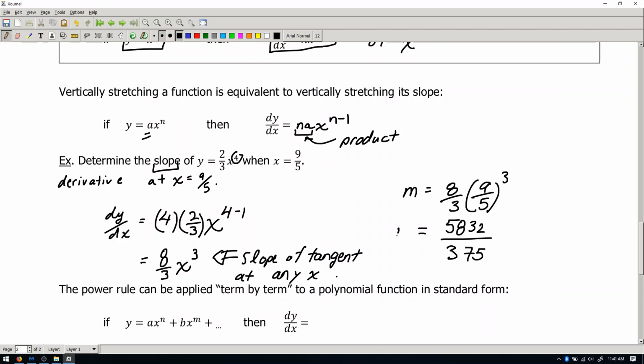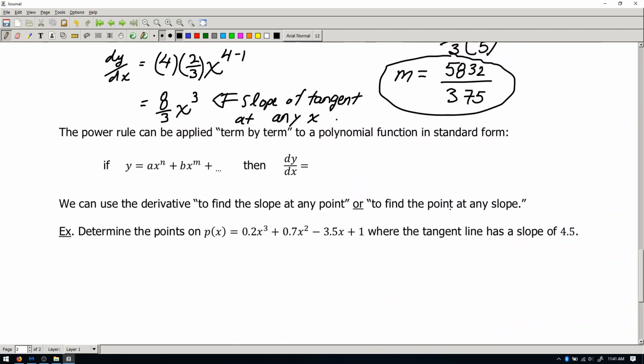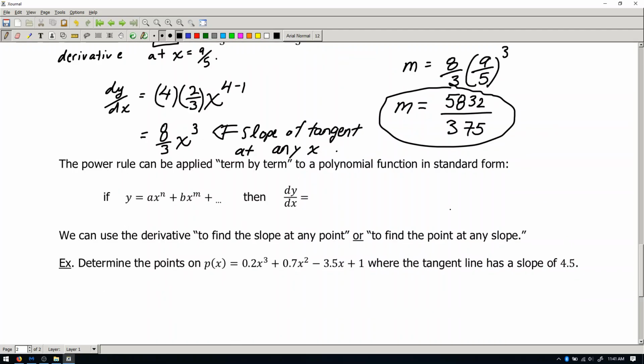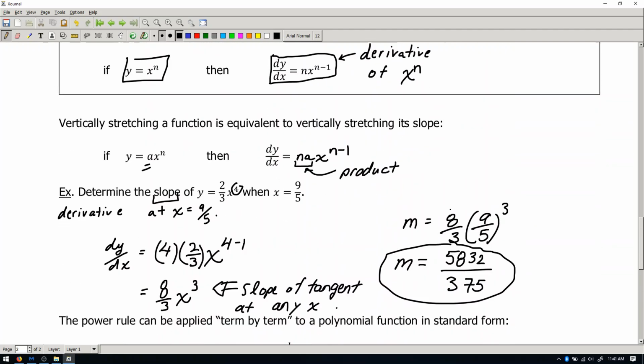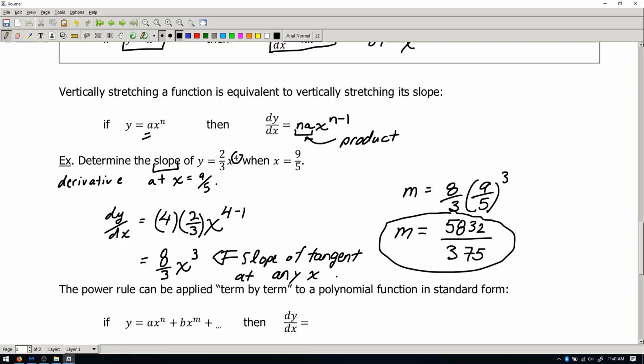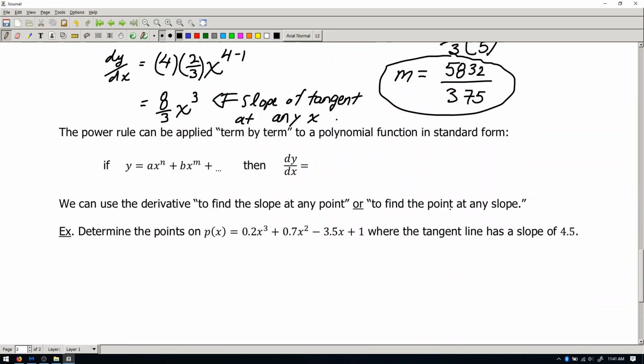Okay, that is the slope at x equals 9/5. So all you're doing is taking the derivative and plugging in the x value. And that is the power rule. It's one small step, one giant leap for mathkind. Okay? So here's the question.